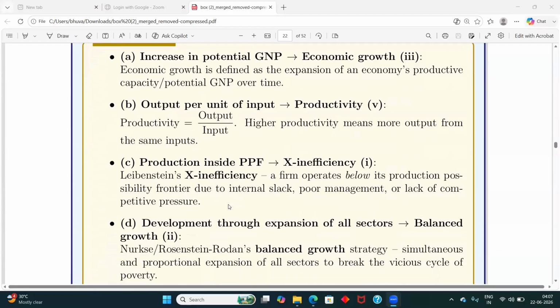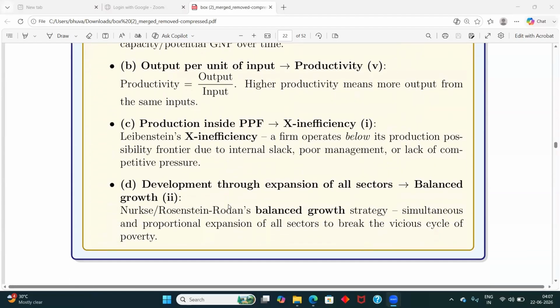Now we can also see that production inside the production possibility frontier is X-inefficiency. This is explained by Leibenstein: a firm operates below its production possibility frontier due to internal slack, poor management, or lack of competitive pressure.